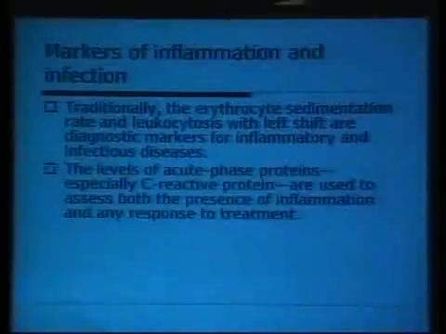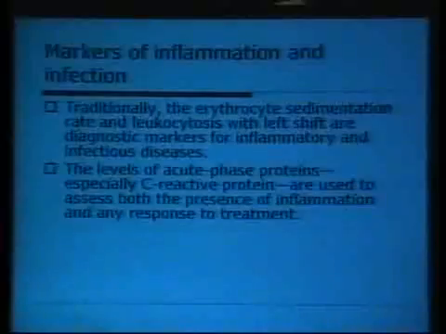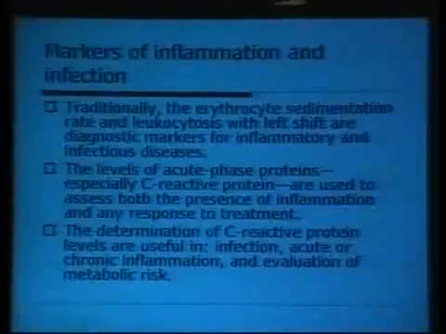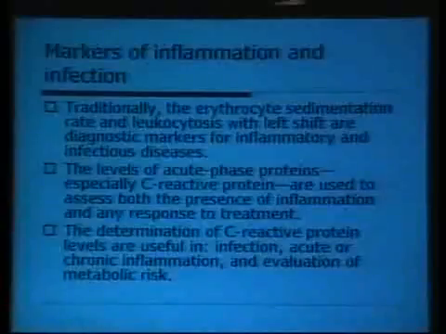Then there are acute phase proteins like CRP. Again, it suggests both inflammation and infection, but it is also a marker of response to treatment, and in that sense it has a value. And determination of C-reactive protein is useful in diagnosing infection or supporting evidence of infection in any sort of acute or ongoing inflammation, and for evaluation of metabolic risk.